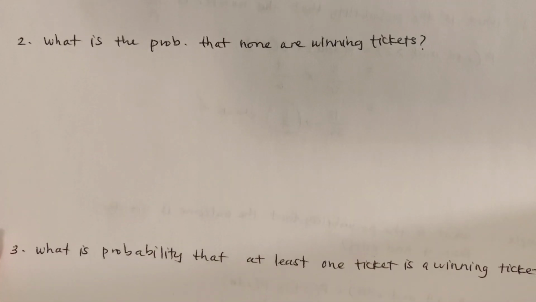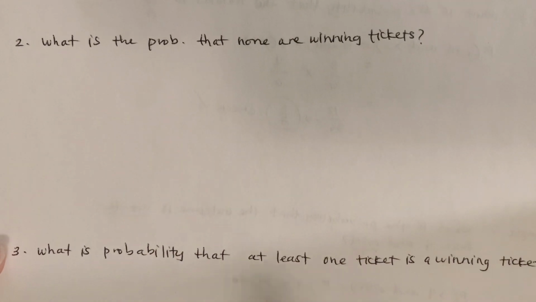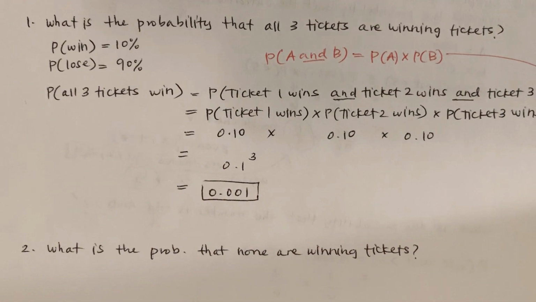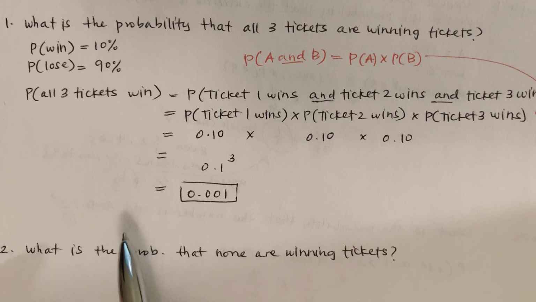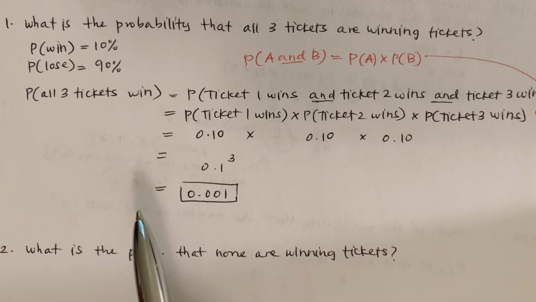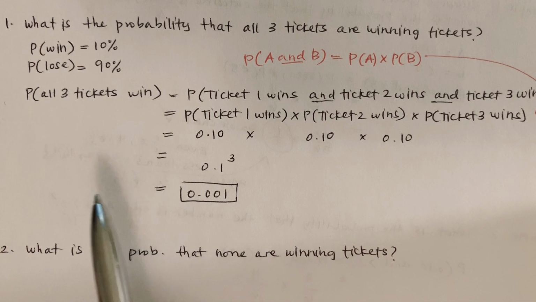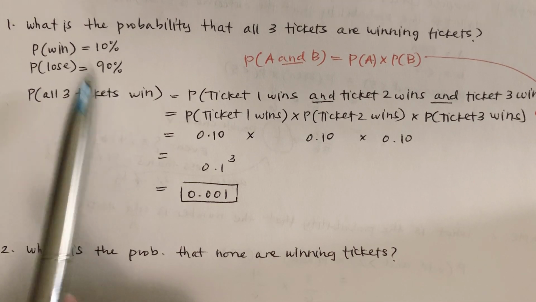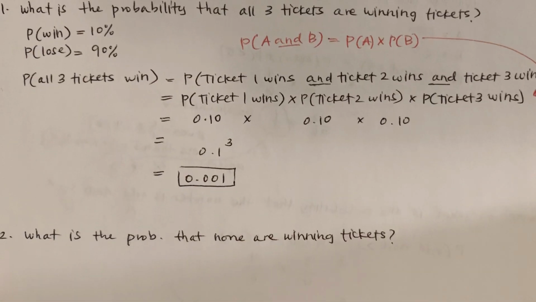Moving on to the second part of slide 30, what is the probability that none of them are winning tickets? And so for this one, it's going to follow the same exact steps, but now we're looking at the probability that all 3 of them lose. And here we know that the probability of losing is 90% for each individual ticket.